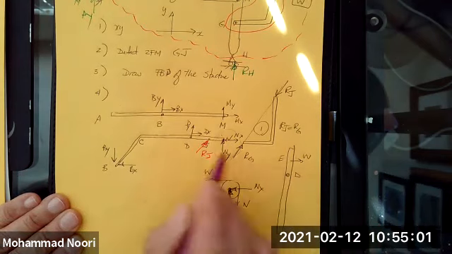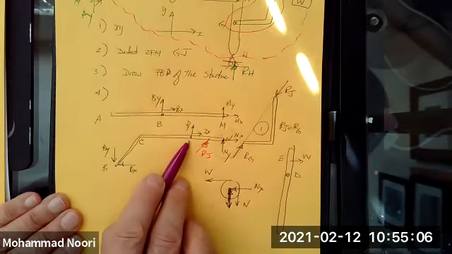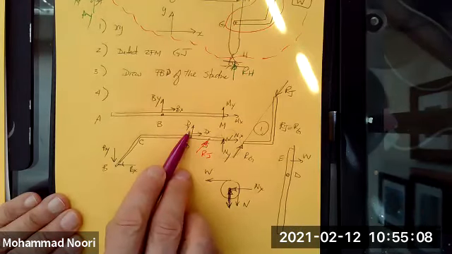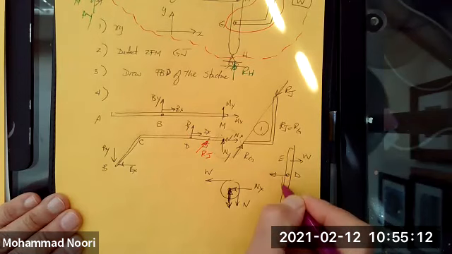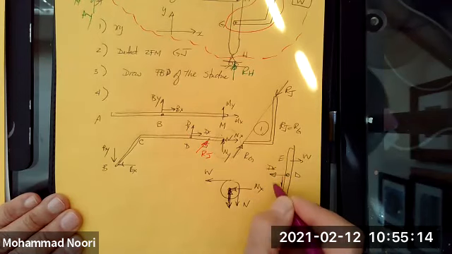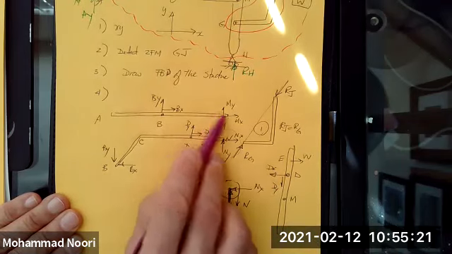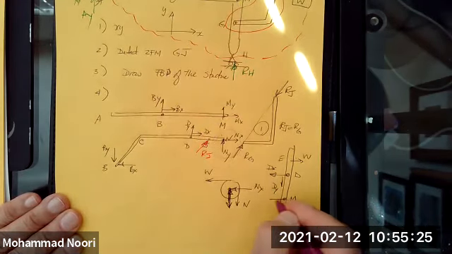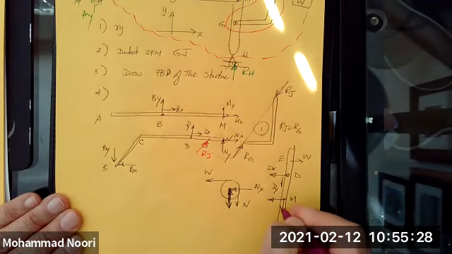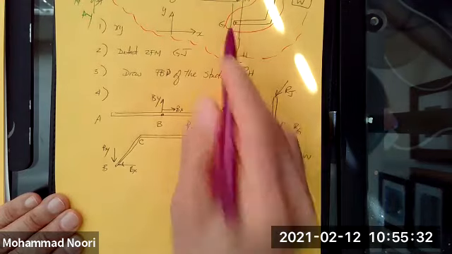At D, I had assumed directions of the force on this member are here like this. So on this member they should be equal and opposite in direction. How about at M? Again, at M, these were the directions I assumed for this connection on this member. So on this member they should be the opposite, MX, MY, okay?